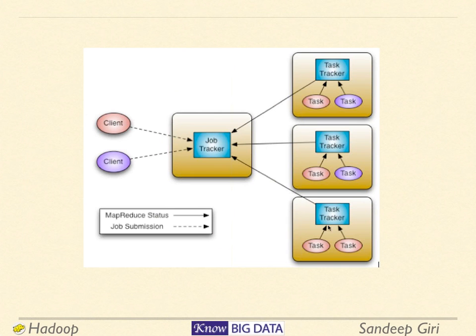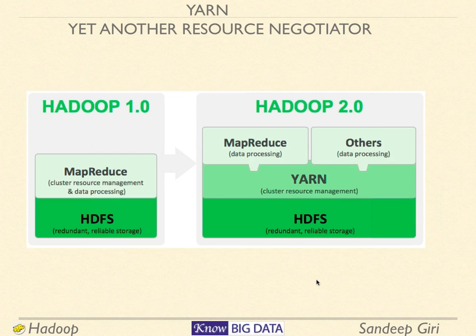But people realized that MapReduce is not the only way, and MapReduce cannot solve all the possible problems. And that is why people came up with a general task executor. Okay, general task executor. So Hadoop 1.0 contained something called HDFS, and then on top of it there was MapReduce. Okay. Now any logic you have to do, you have to write MapReduce.